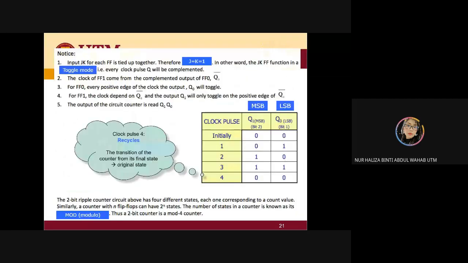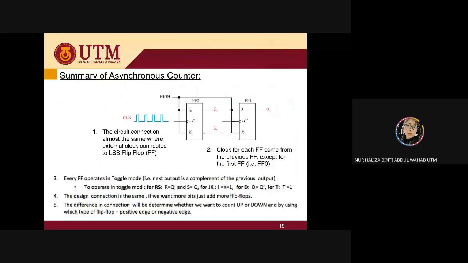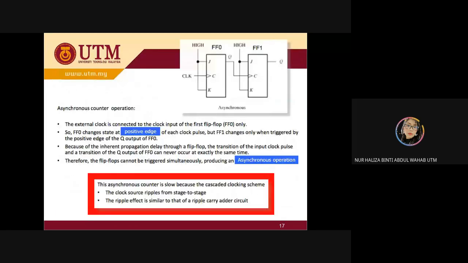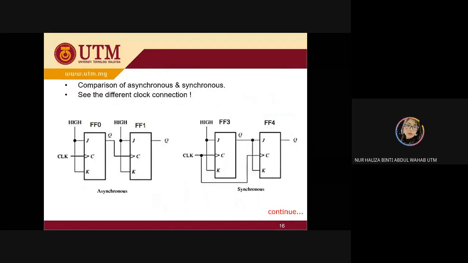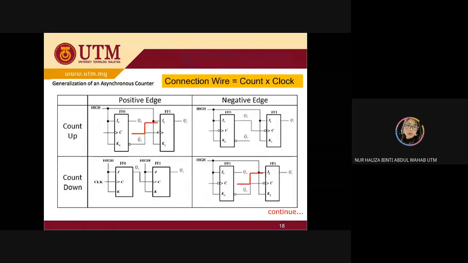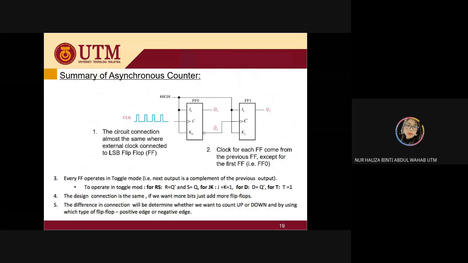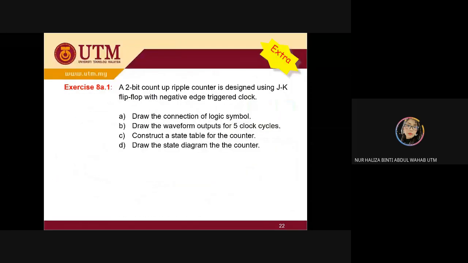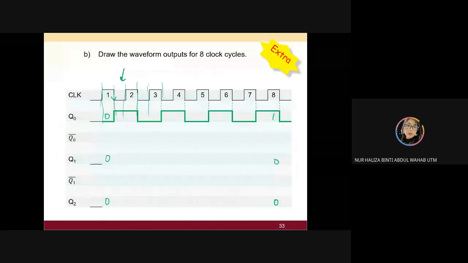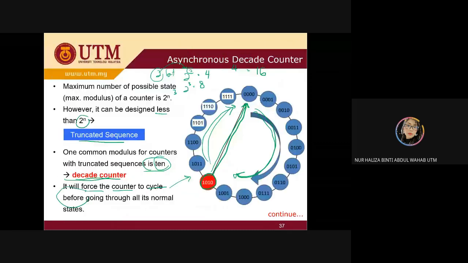This is your ripple counter, which is also known as an asynchronous counter. But now when you have something that forces you back to the cycle before you have the full normal stages, we call it a decade counter.